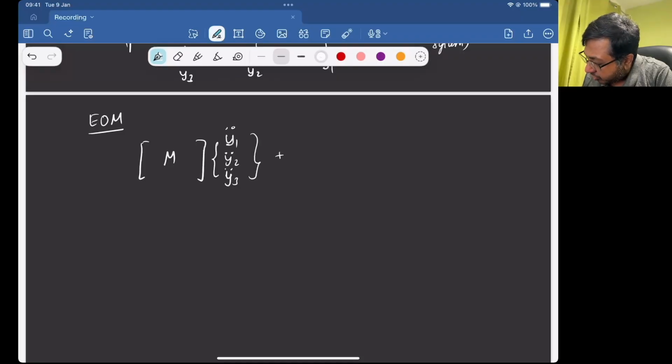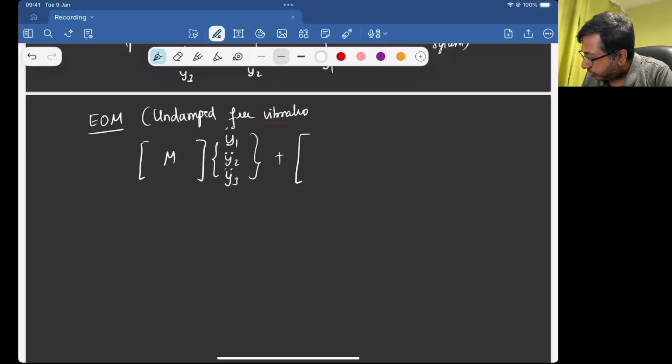For now, let's assume we are only looking at undamped free vibration. So then we have some stiffness matrix times y1, y2, y3 equal to 0, 0 and 0.